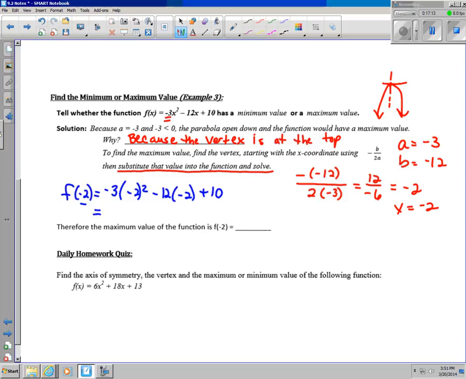Negative 2 squared is 4, and negative 3 times 4 is negative 12. Negative 12 times negative 2 is positive 24 plus 10. When I simplify that, I end up with 34, and 34 minus 12 is 22. So the maximum value of the function is f of negative 2 equals 22. And it also says that my vertex is (negative 2, 22).